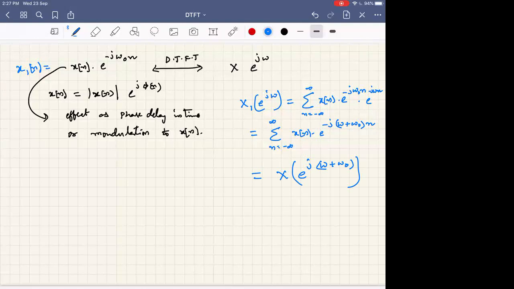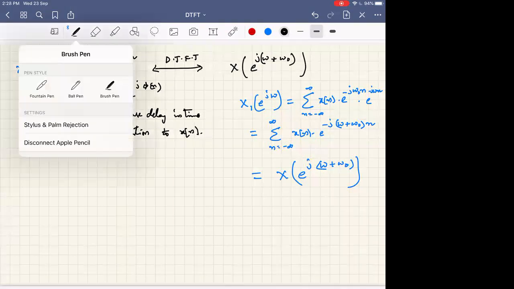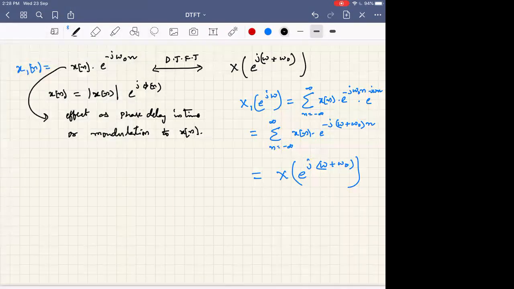If I write with positive sign here, then minus sign comes here. So I think that's clear to you. So what happened in frequency as an effect? What is its implication in the frequency domain?